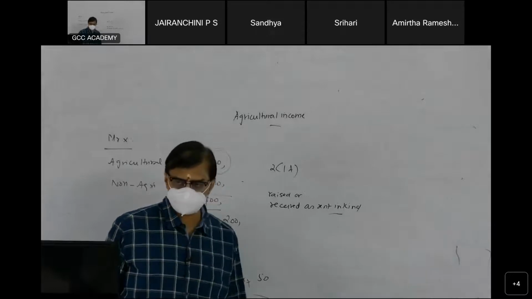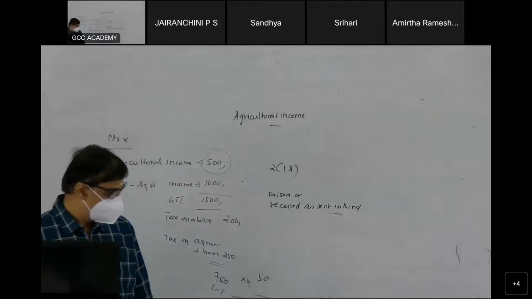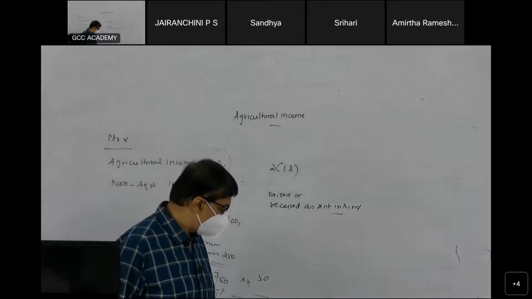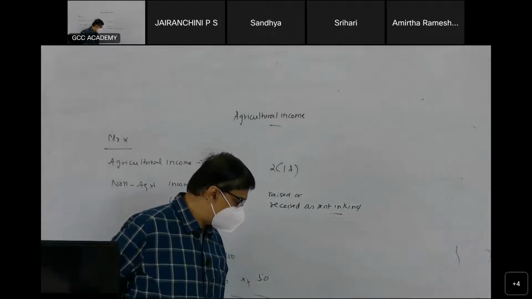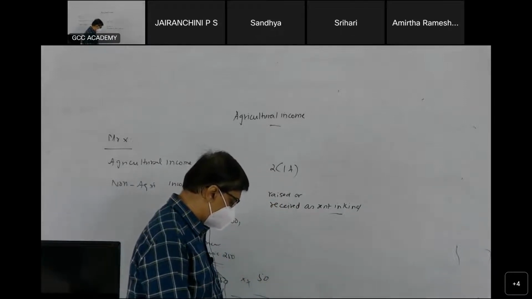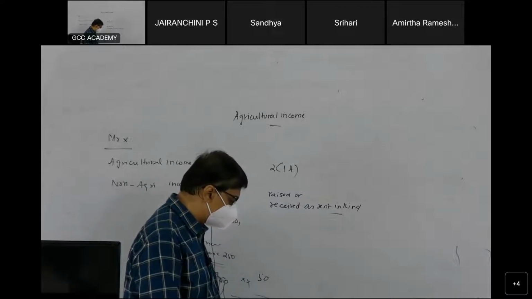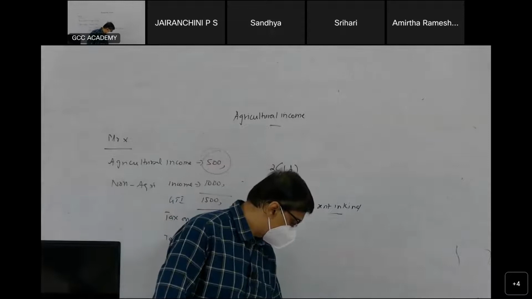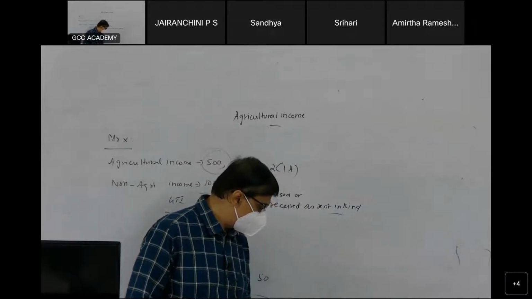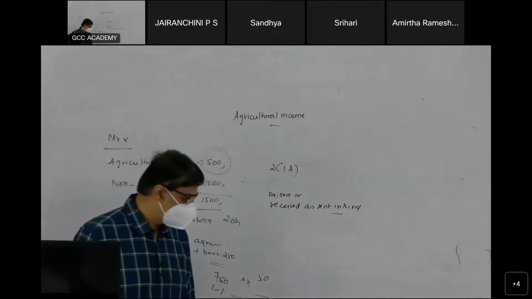Cultivator. One question normally guaranteed in agricultural income, 5 marks weightage. The building should be occupied by the cultivator as a landlord or as a tenant, or receiver of rent in kind.